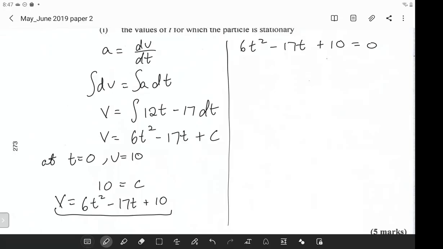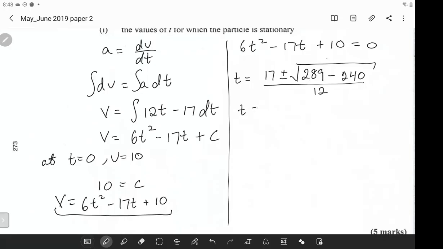Maybe it is factorable, or maybe you could just use the quadratic formula. t is equal to minus b, which is minus 17, so positive 17, plus or minus the square root of 17 squared, which is 289, minus 4ac, right, that is 6 by 10 by 4, 6 fours are 24, so that is 240 here, divided by 2 times a, which is 12.